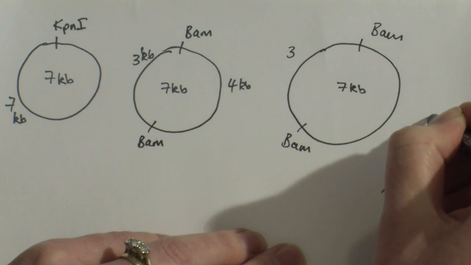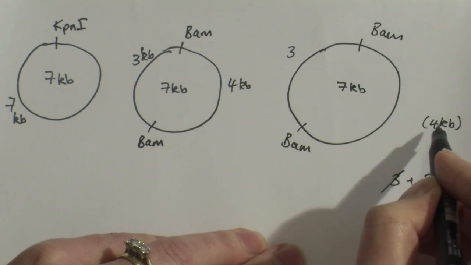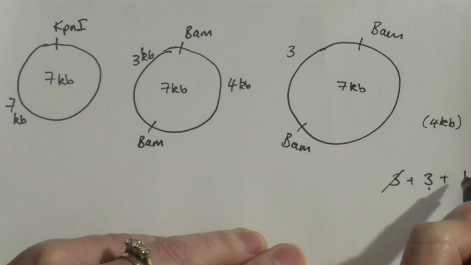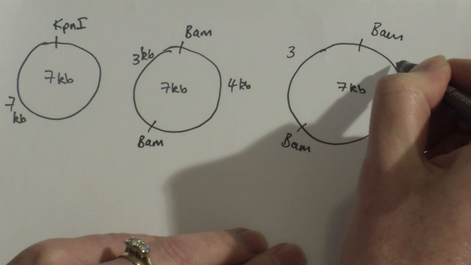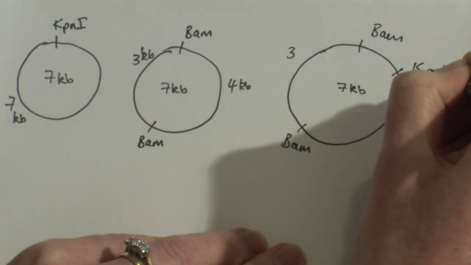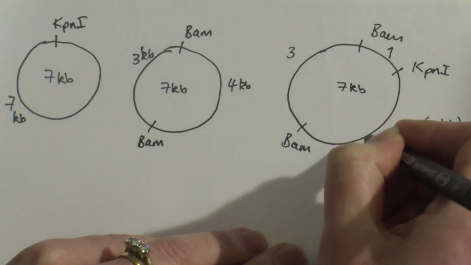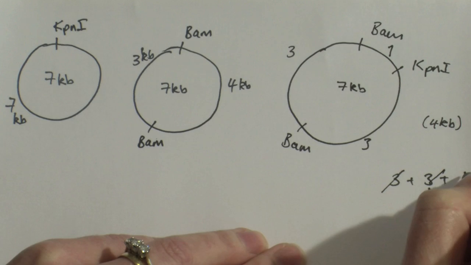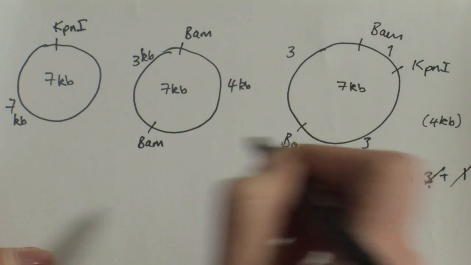And what's left over here was 4 kb, and I need to split my 4 kb into a 3 kb and a 1 kb. So I can imagine that my KpnI cuts here, splitting this 4 into a 1 and a 3. And that's all the bands I saw on the gel resolved.